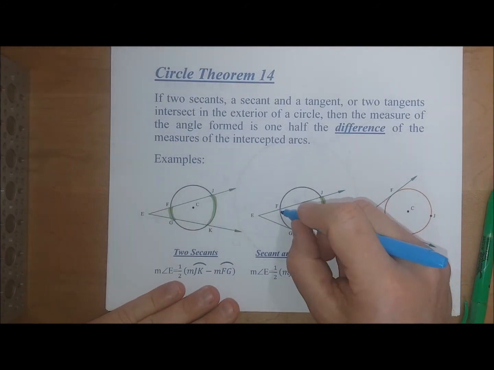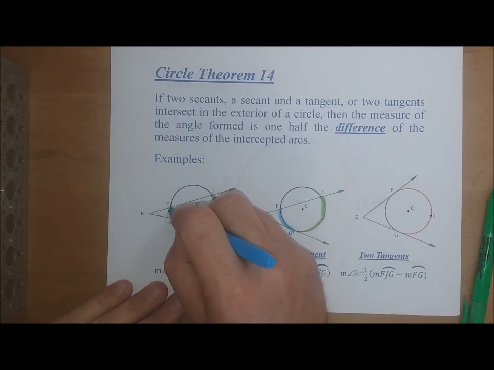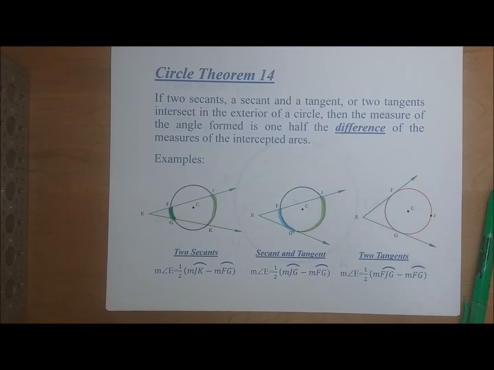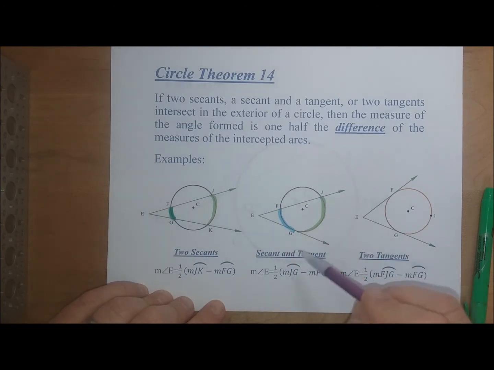Minus the measure of this arc FG, right? A little sloppy, but all right, so very similar, even though this time it's a secant and a tangent. It's the same idea. Because the vertex is outside the circle, it's going to be 1/2 the difference in those 2 arcs.